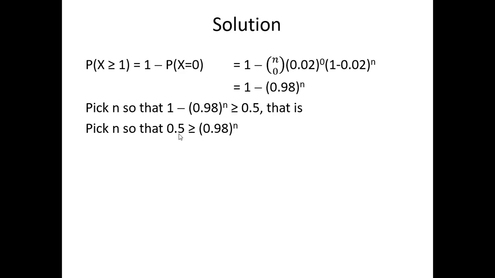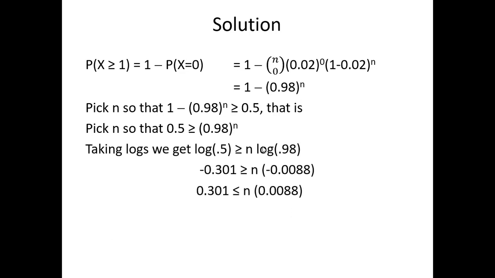Now how do we solve this? I have an inequality where my unknown is an exponent. You may remember that what we need to do is take logs. Starting with this inequality, I'll take the log of both sides.